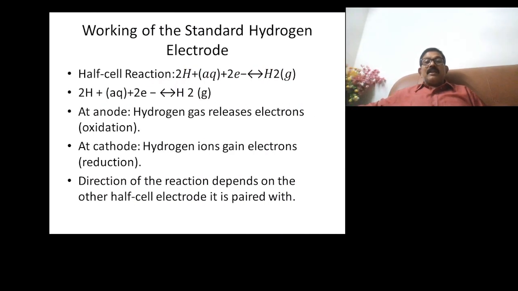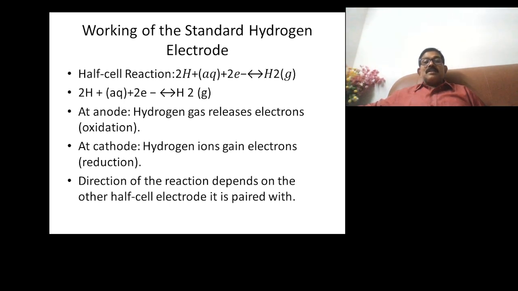Now let us see the working of a standard hydrogen electrode. So the first half cell reaction is two hydrogen atoms in aqueous phase. The atoms are split into H plus ions and 2 electrons. So the 2 H plus ions accommodate 2 electrons and convert to H2 gas.